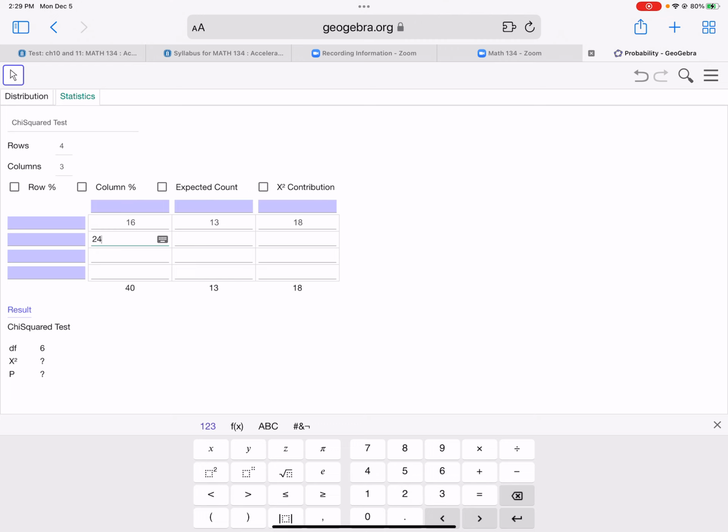So we have 24, we have 33 here, 6, 11, 16, 5, 7, 9, and 9.